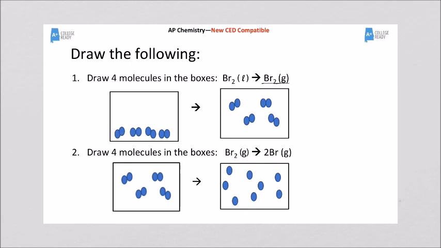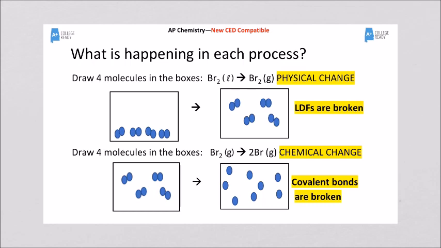So if I take whatever my drawing was here, it would be the same at the beginning for this next process. And then notice all the atoms, make sure I have 8 total, but those are just going to be spread out as gaseous atoms. So if you look at this, what process is happening in each box? Well, the first one, I did say LDF, there's a physical change, but the second one is a chemical change.